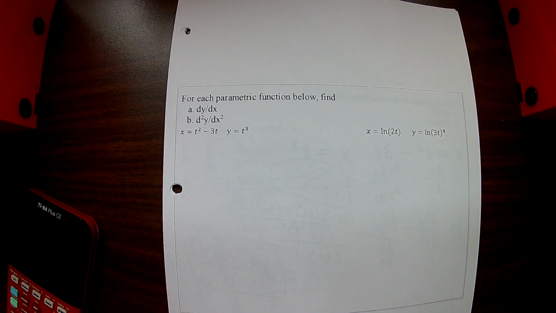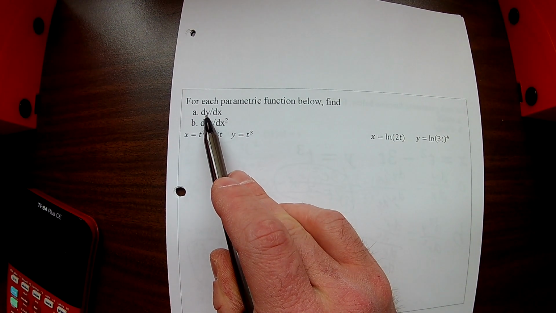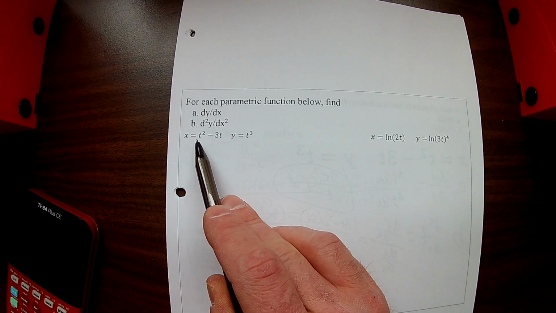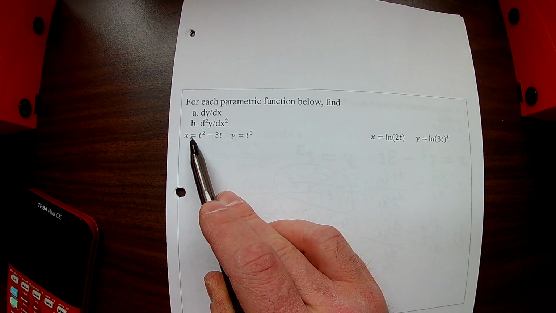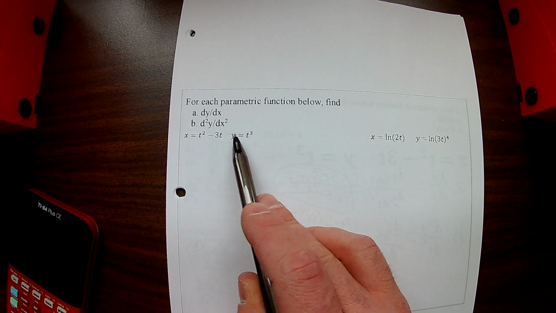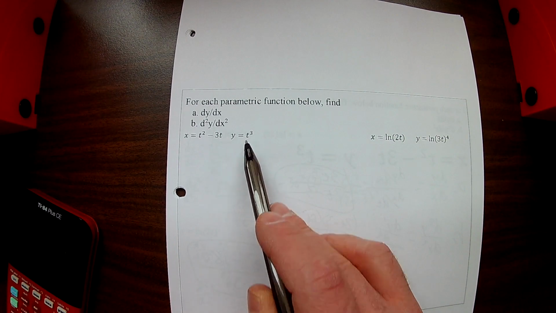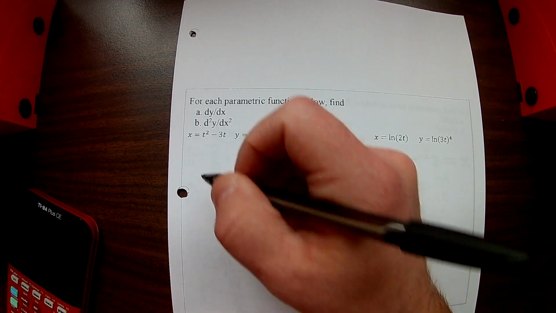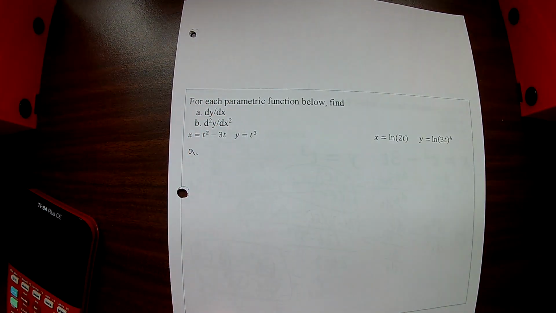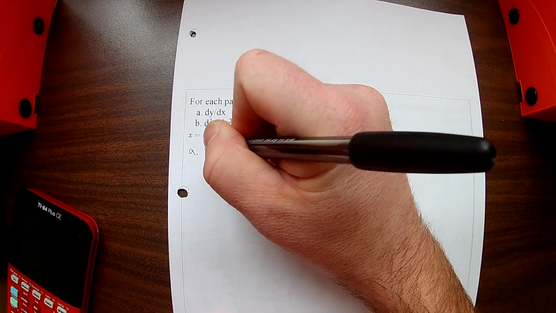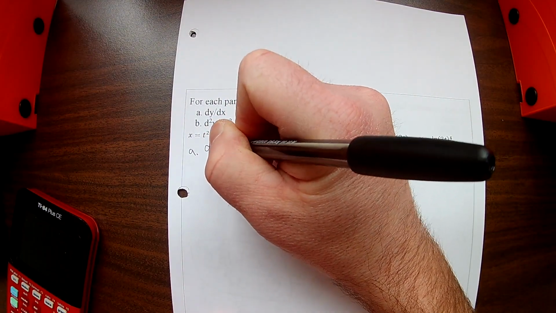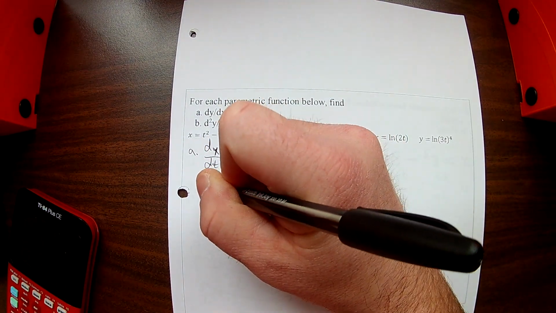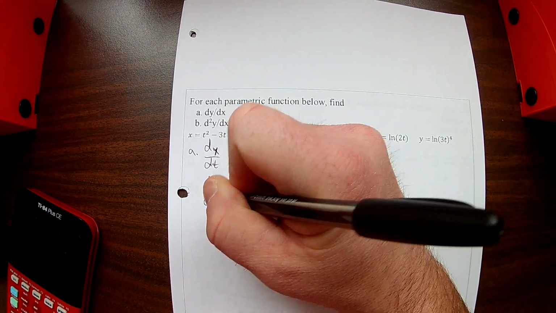And shouldn't be a huge surprise, we are actually going to do these problems now. So you can see I've got finding dy dx. The first set of parametrized curves that we're going to do is x equals t squared minus 3t and y equals t cubed. In order to find dy dx, let's just call that A, we have to find dx dt and dy dt.